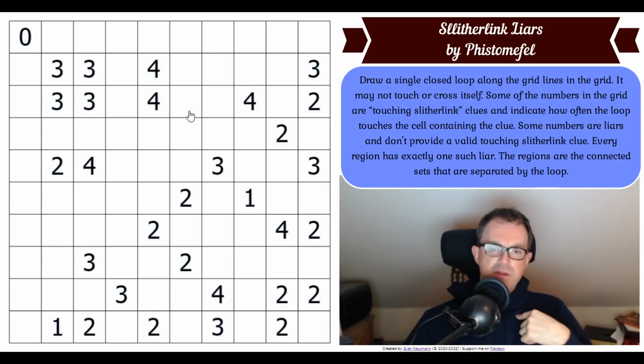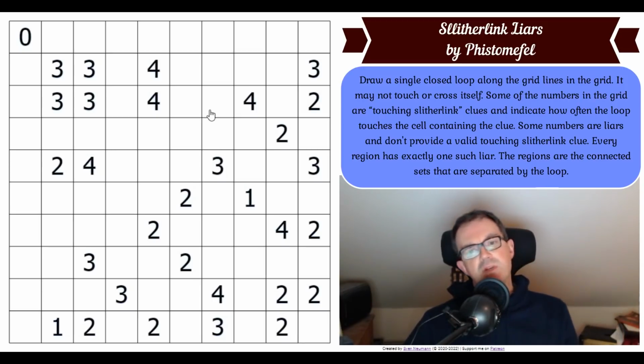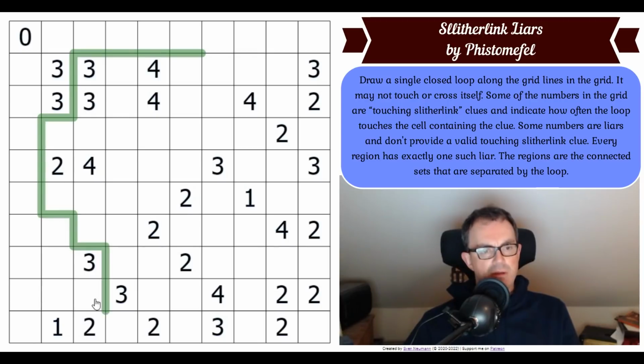So what we're going to have to do is somehow restrict this, because you can't have two lying clues in the same region. And a region is a connected set of cells that's separated by the loop. So if we just draw a random loop into this grid, let's draw a loop.